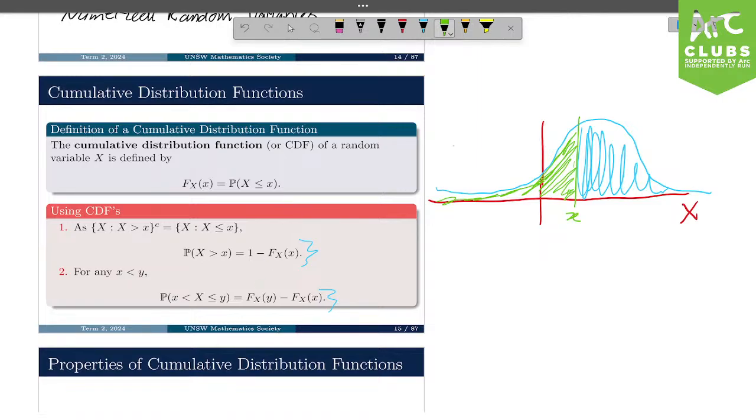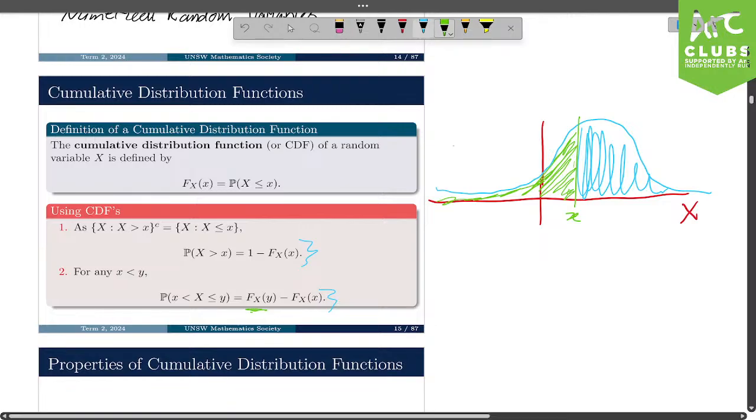Similarly, we can do the same trick for the probability that capital X is between little x and little y. That's just going to be the cumulative distribution function of the bigger variable, subtract off the cumulative distribution function of the smaller variable. And it's for this exact same reason. If x is my little variable, I could call this thing over here y.